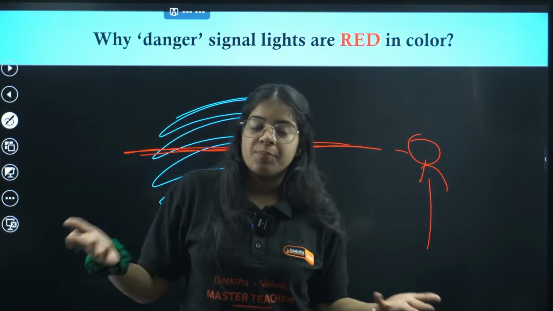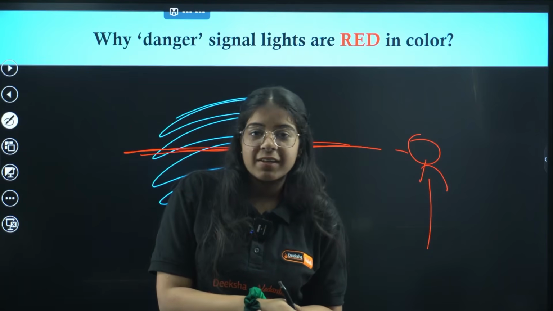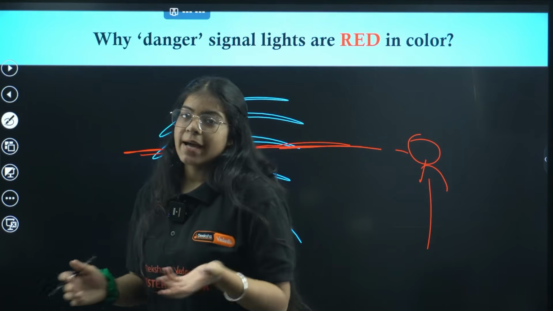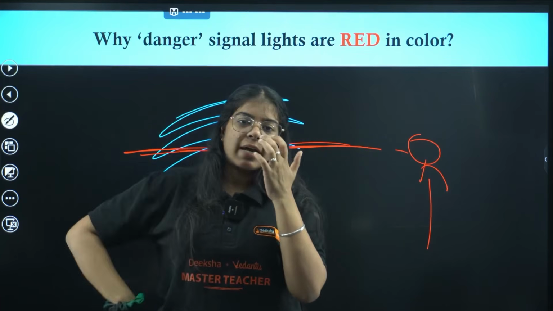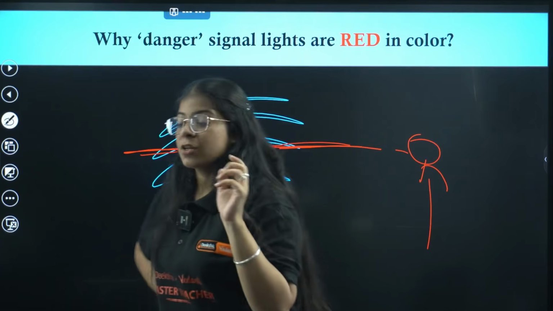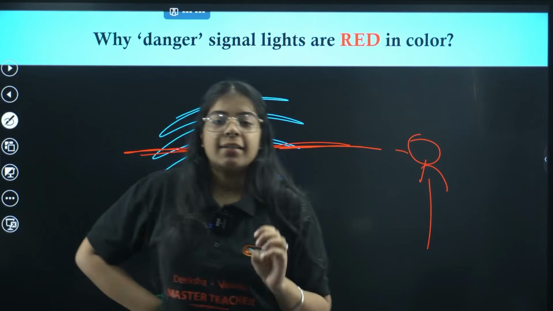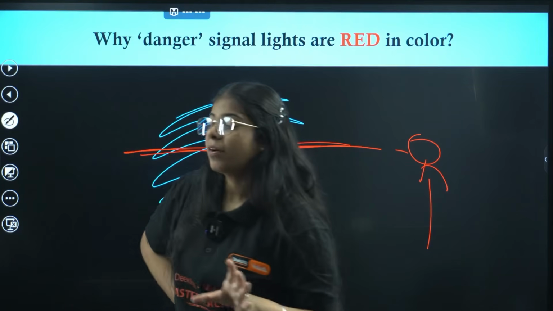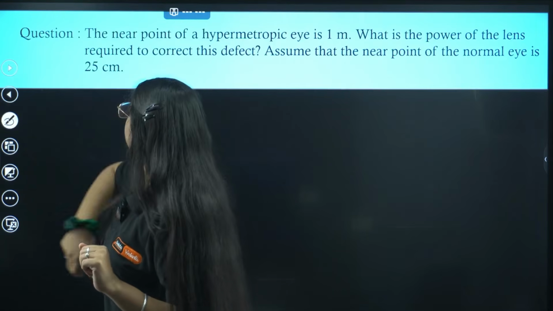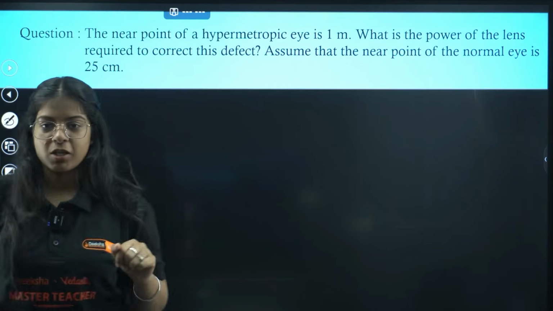That's why traffic lights have red color, we can see them from a great distance, right? But the sky is blue, so the blue light gets scattered away, red light does not get scattered away, and thus we can see red light from a far distance. I think that's it. Okay, there's one question.